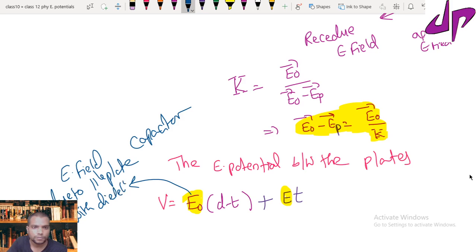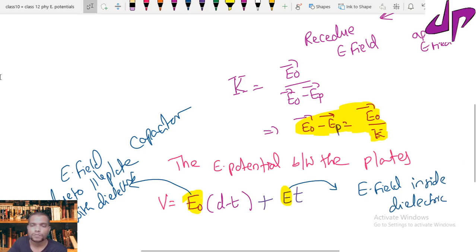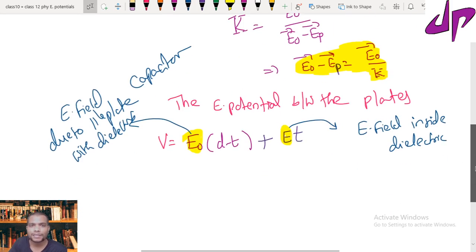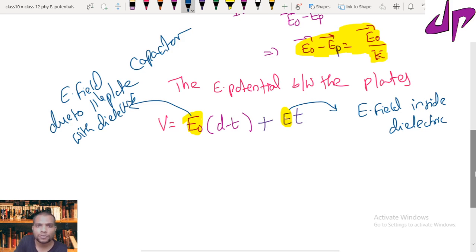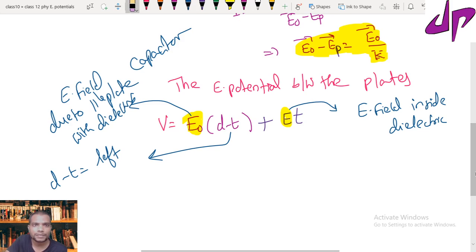And E is the electric field inside the dielectric, and D minus T is the leftover space after keeping the dielectric.